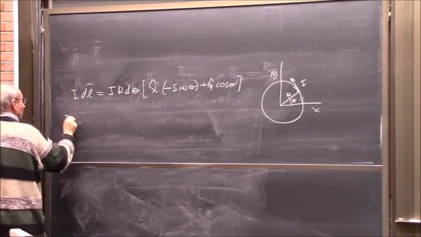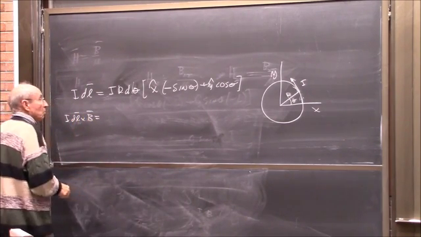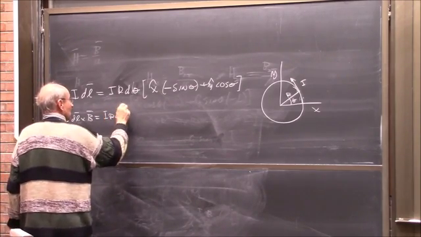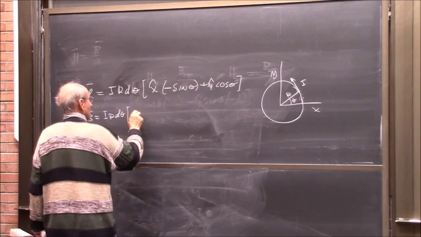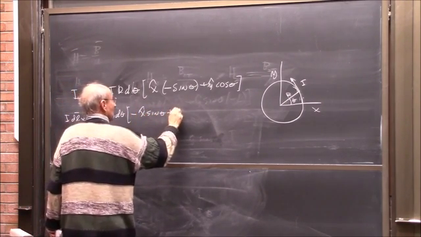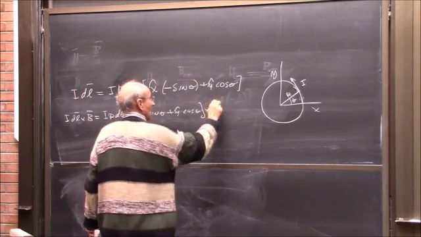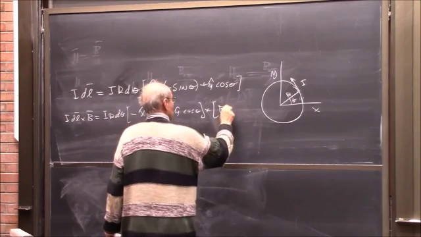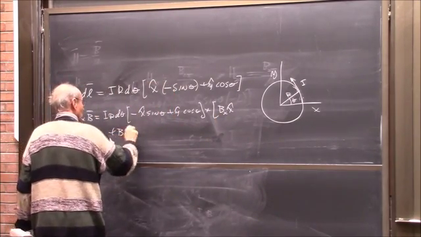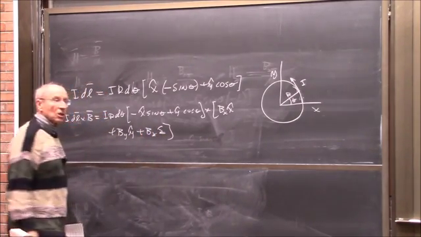So, I dl cross B will be I R d theta times minus x hat sine theta plus y hat cos theta crossed into Bx x hat plus By y hat plus Bz z hat.